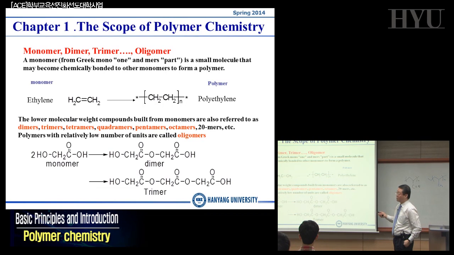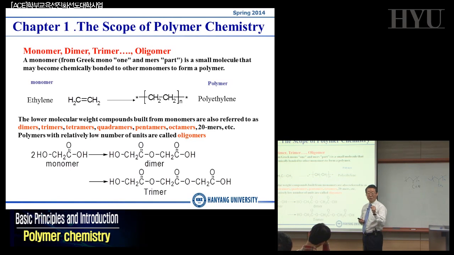Oh, well, there are words called dimer, trimer, oligomer, and polymer. Okay? Do you know what this di, tri, oligo means? Mono is a Greek word, and it's a combination with mono. This is counting the number. Okay, mono is just one.